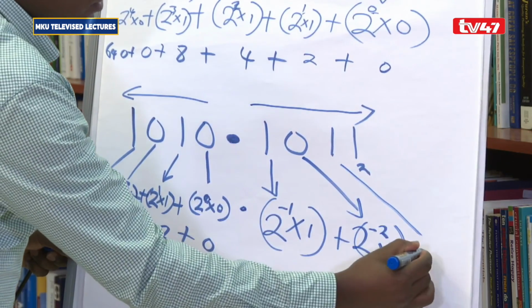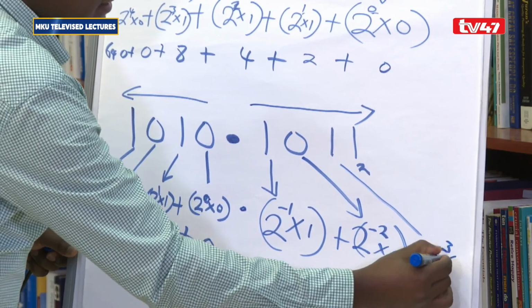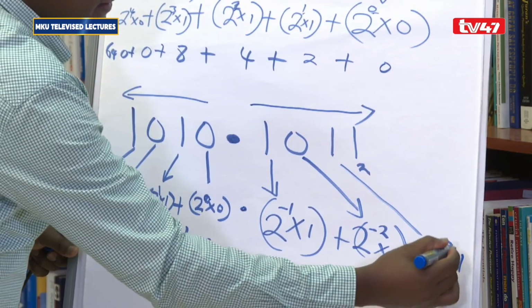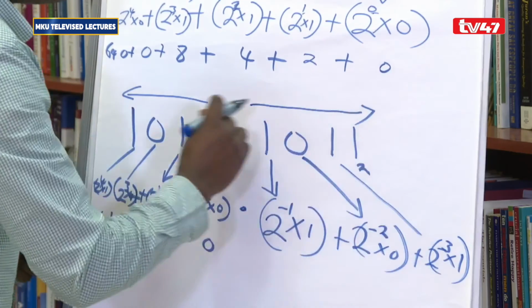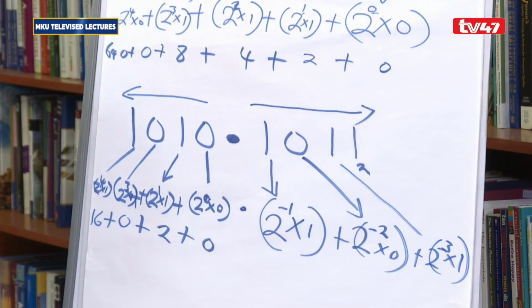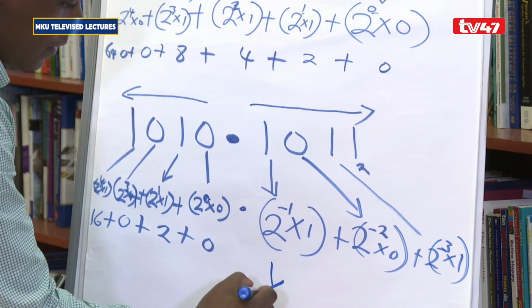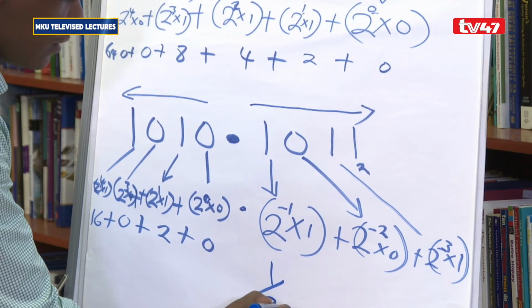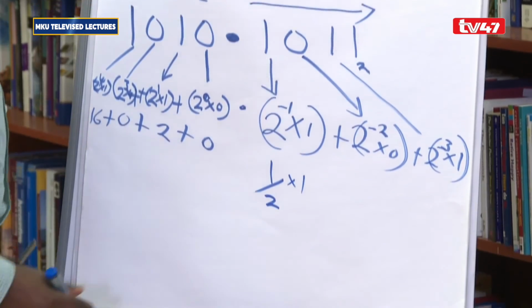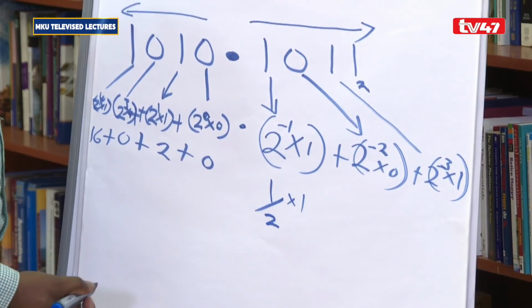Plus 2 to the power negative 3 times this 1. And the process continues with as many digits as you have here. 2 to the power negative 1 is the same as 1 over 2 times 1. This is the same as 0.5 times 1.